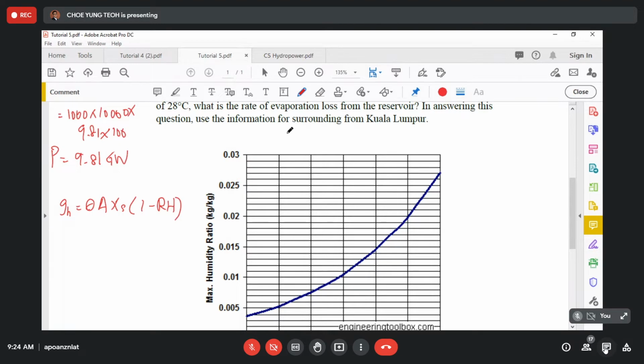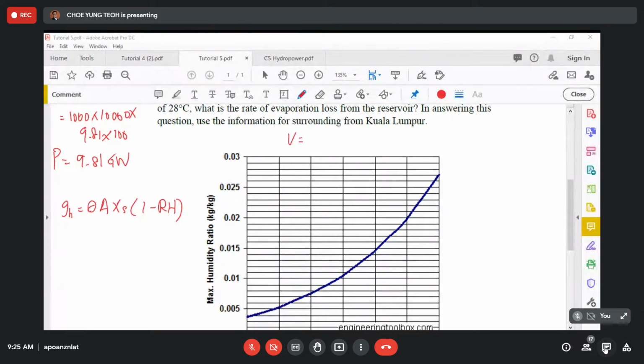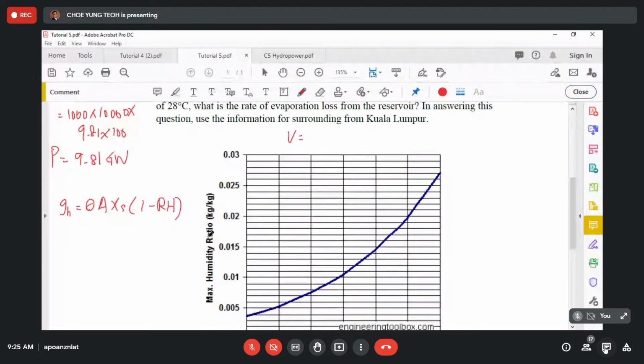So now we need to find the velocity. Let's Google a bit: wind speed in KL. So now the wind speed is 2 kilometers per hour, and the relative humidity is 87%.